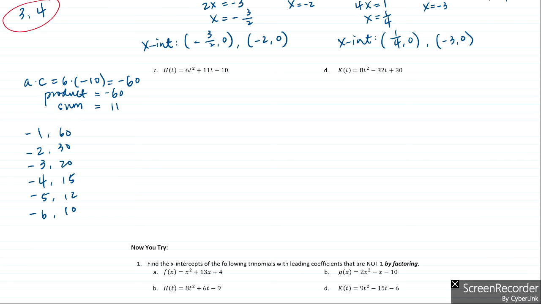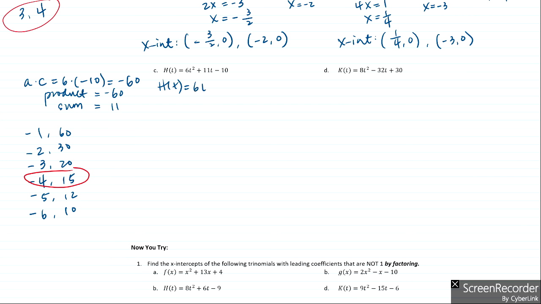We can go through: negative 1 plus 60 would be positive 59, negative 2 plus 30 would be positive 28, etc. Once you go through this process, you should be able to find that negative 4 and 15 would give me the sum of positive 11. And that's what I'm going to use to rewrite the original expression.